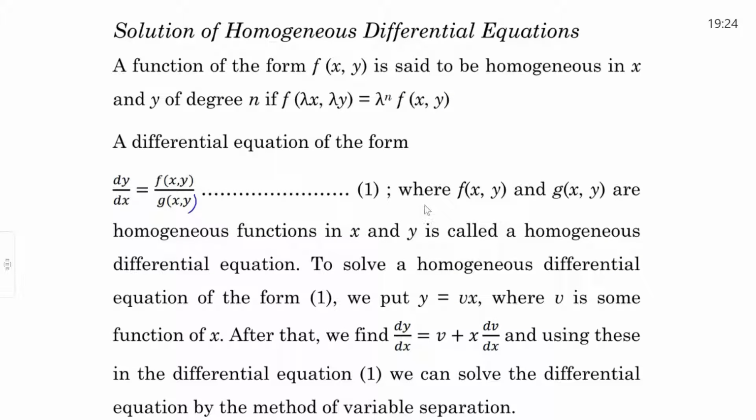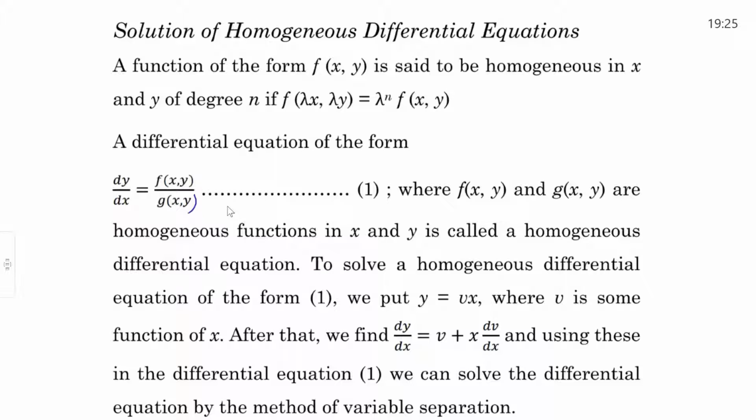I have already written here that f of x y and g of x y both are homogeneous functions in x and y. So these types of differential equation, d y d x is equal to homogeneous divided by homogeneous, both should be functions of x and y in homogeneous format. These types of equations are known as homogeneous differential equations in x and y.